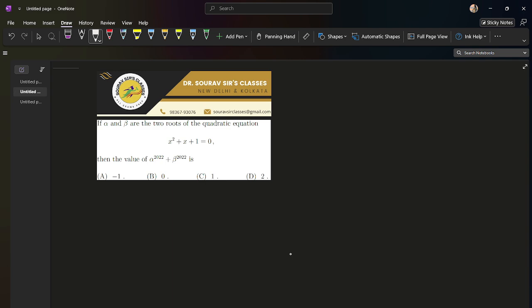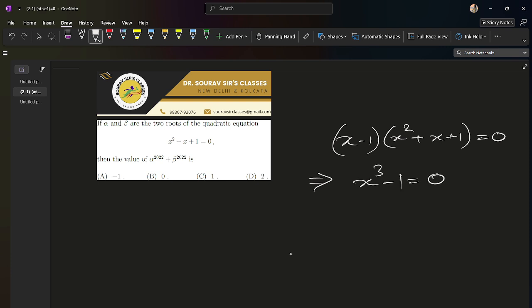We can write (x minus 1) into (x square plus x plus 1) equals 0, so x cube minus 1 equals 0.